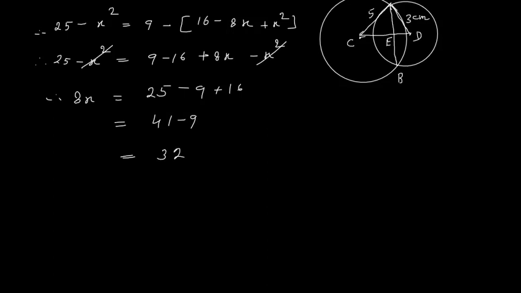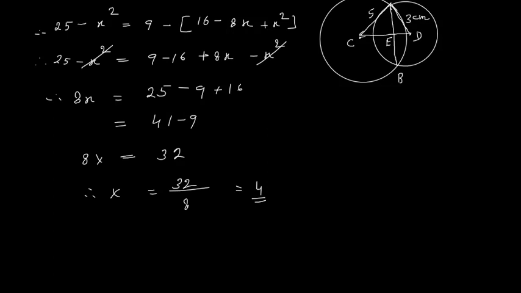So 8X is 32, therefore X is 32 divided by 8, that is 4. So X is 4 and ED, which is 4 minus X, is 0. That means point E is the same as point D, the center of the other circle. So I got X equal to 4.